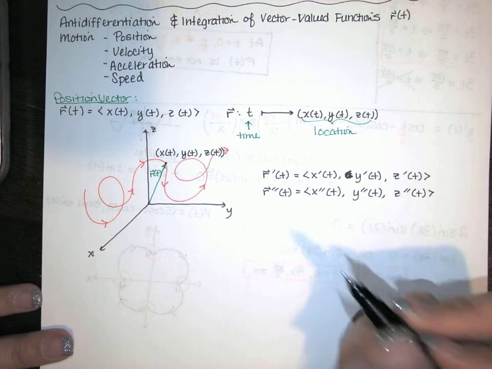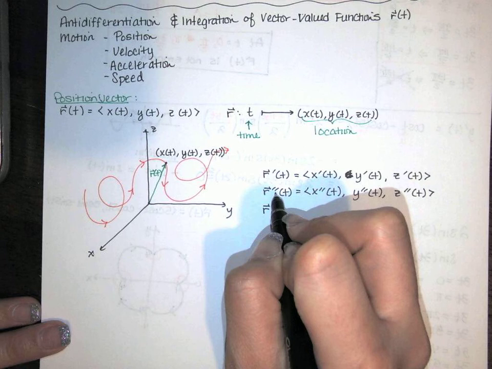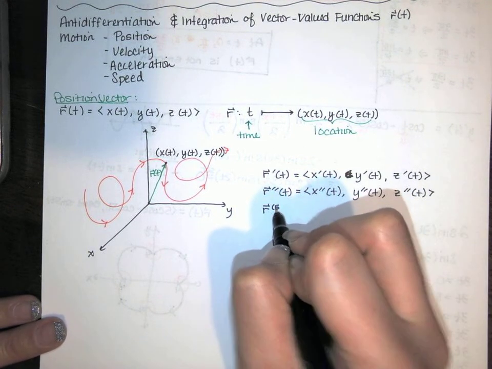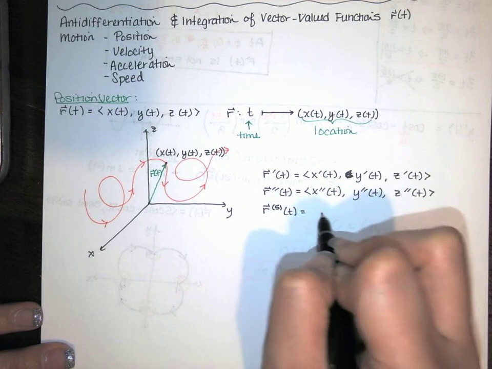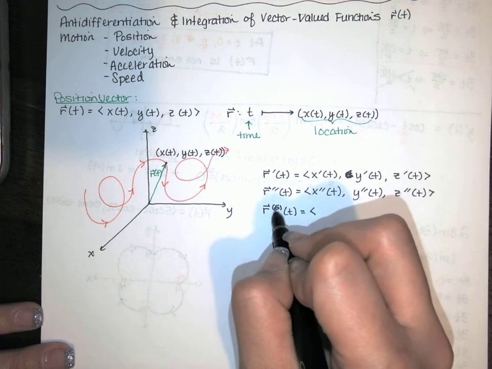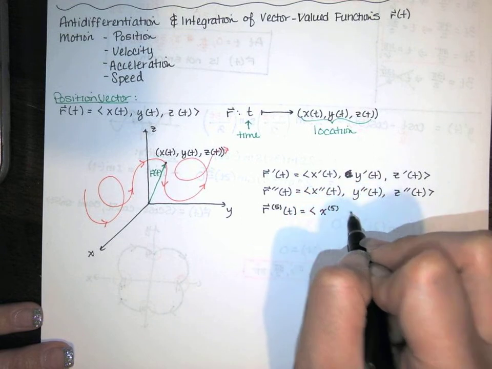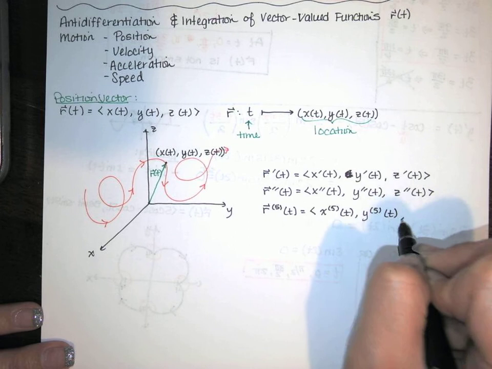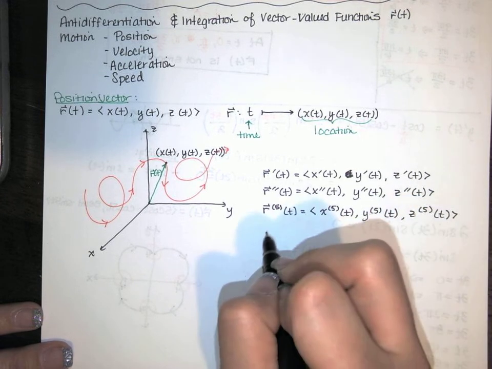Once you go beyond the third derivative, to the fourth derivative, fifth derivative, instead of using these primes, we don't write 5 primes in a row. We would put a little 5 in parentheses. That's not the 5th power, that's the 5th derivative. So this is the number of derivatives you're supposed to take. So the 5th derivative would be written this way in our prime notation.